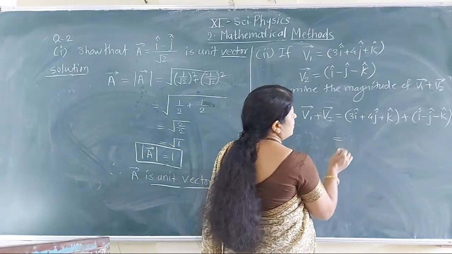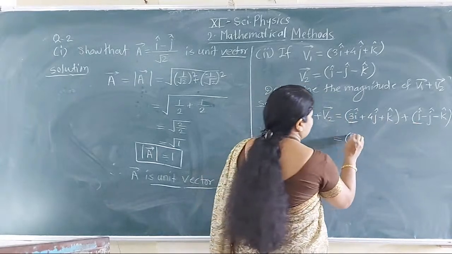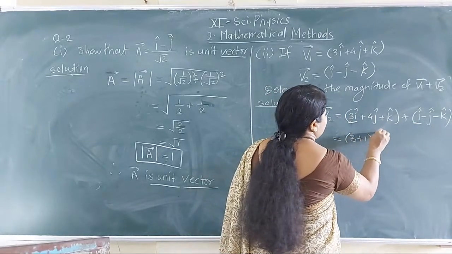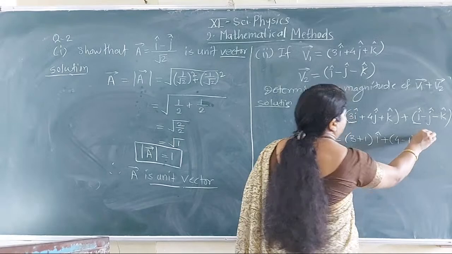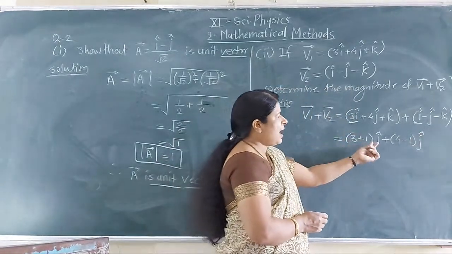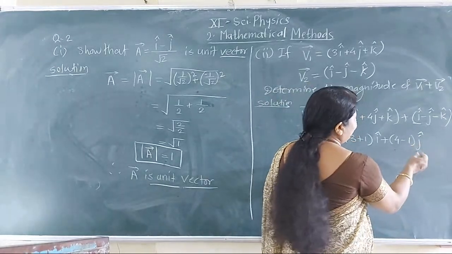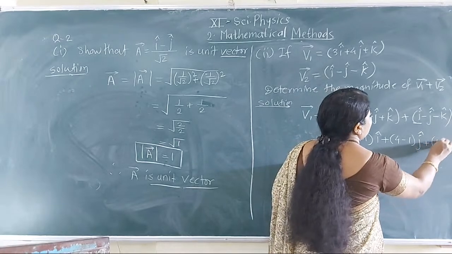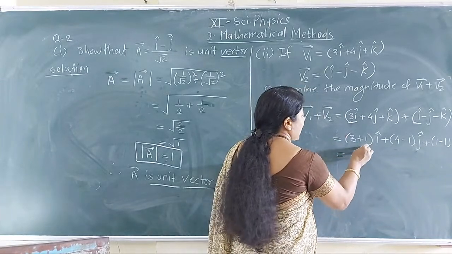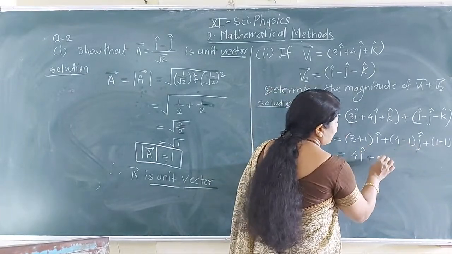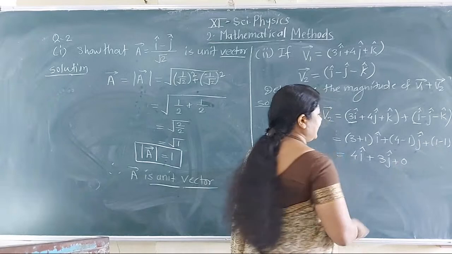Now simplify this, collecting the I cap, j cap and k cap terms. 3 plus 1 is 4 I cap, 4 minus 1 is 3 j cap, and 1 minus 1 is 0, so the last unit vector is 0.